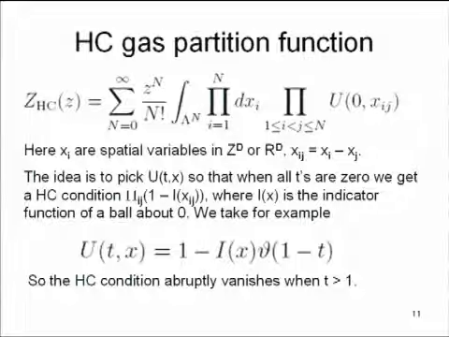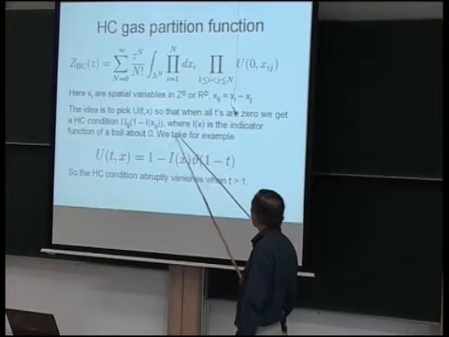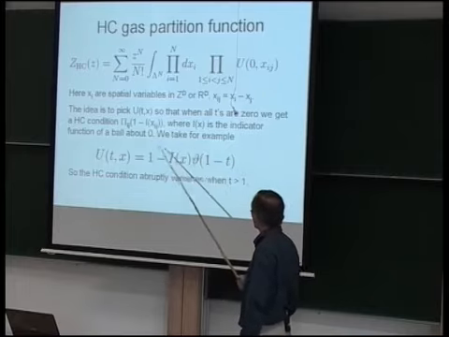So we want to extend this function u into the interpolation regime. We want to pick u(t, x) so that when all the t's are 0, you get the hardcore condition. Namely, the hardcore condition is supposed to be a product of 1 minus an indicator function, the indicator function being a ball around the origin.